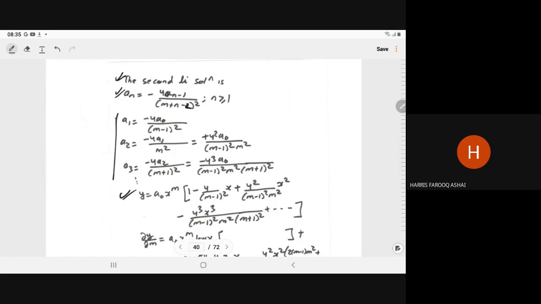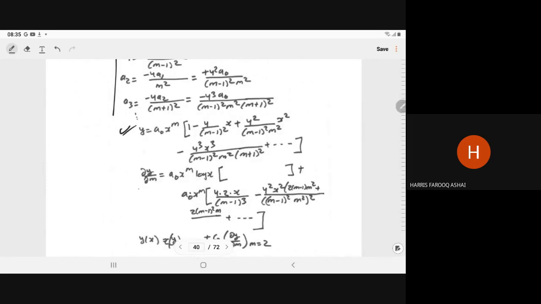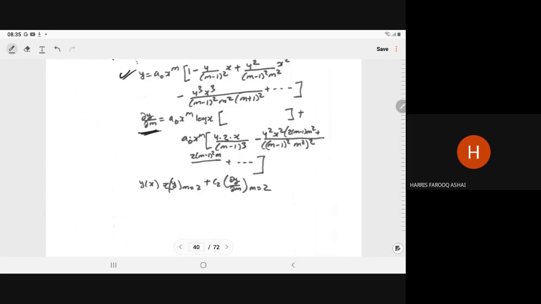Now it is necessary to compute the second solution, to write the Frobenius series solution in terms of m. Then we take the partial derivative del by del m. So here you will get del y by del m, and you just put m is equal to 2 in this, so you will get the second solution.